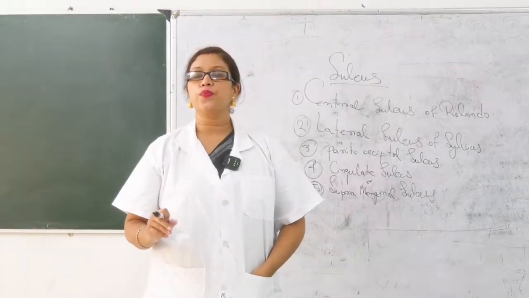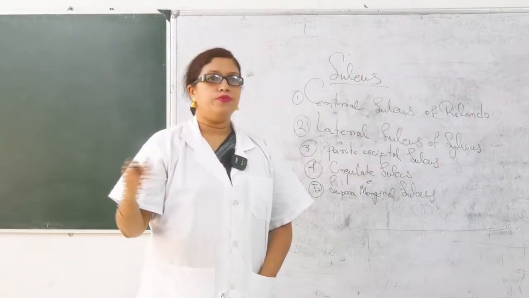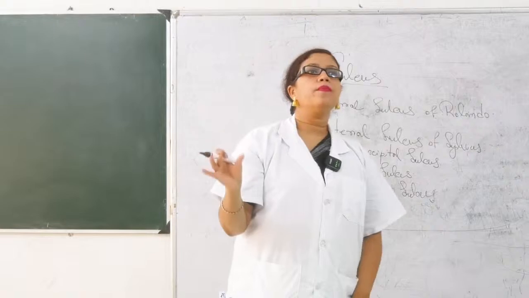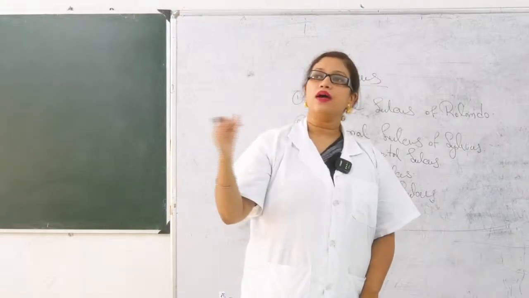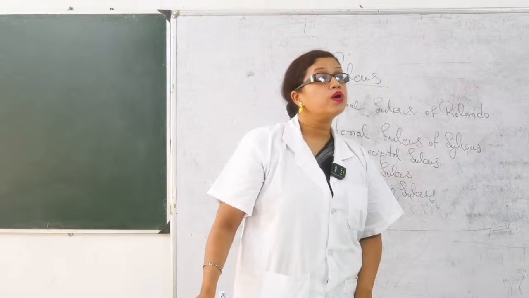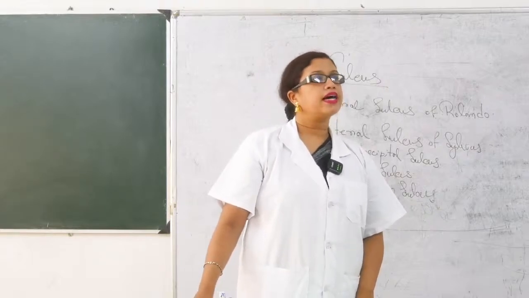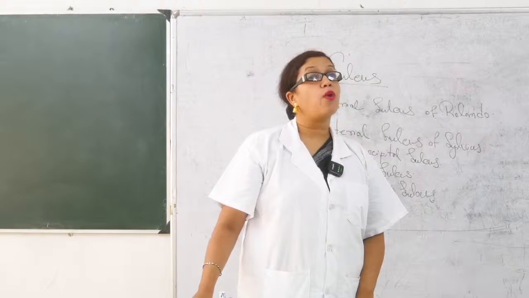Superior aspect, write it down. The three lobes, that means frontal lobe, temporal lobe and the occipital lobe, have got individual white matter. These are known as operculum.